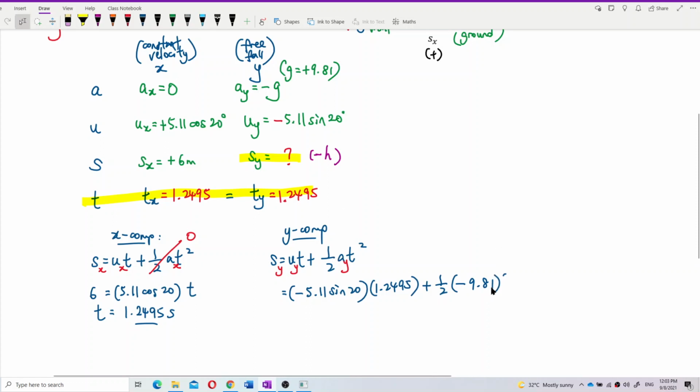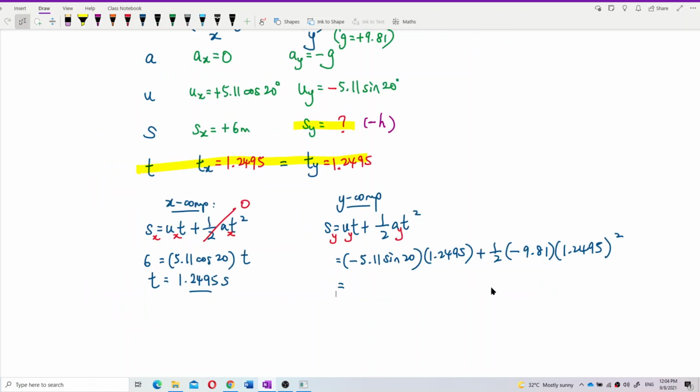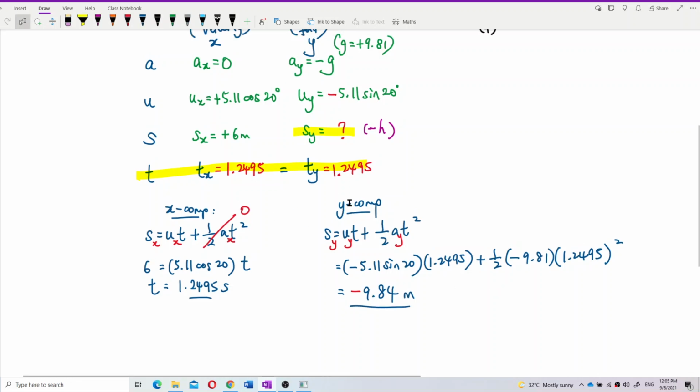So the time taken is 1.2495 square. All right. So what's Sy? Let's calculate. Okay, so I got my answer Sy equal to, I got a negative value, negative 9.84 meter.